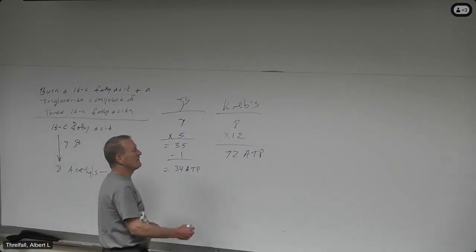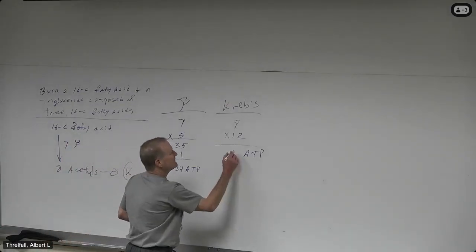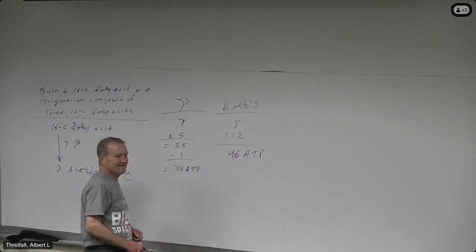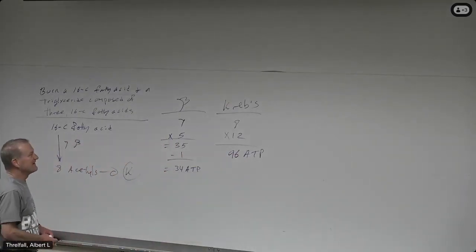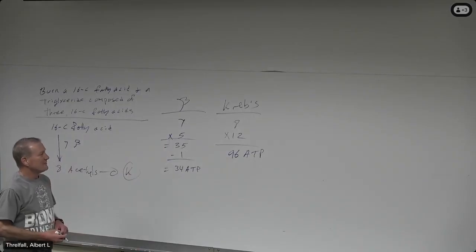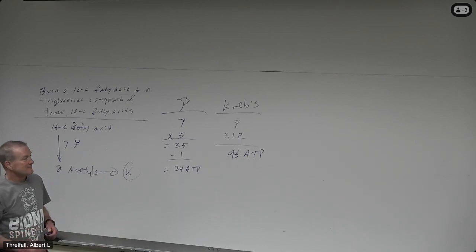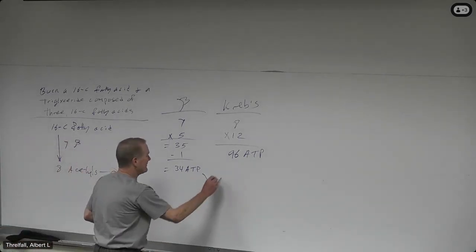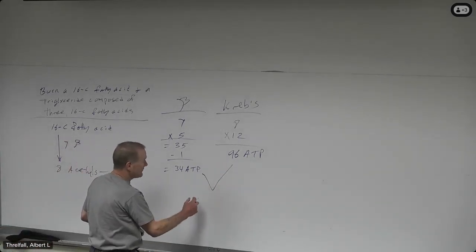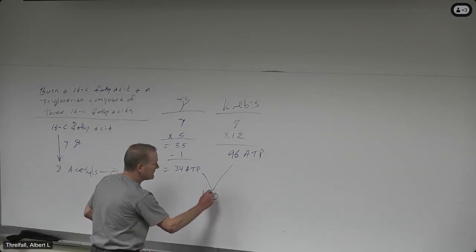Oh, it is, because 12 times 4 is 48. Okay. So what's our total? 34 plus 96 is 130.